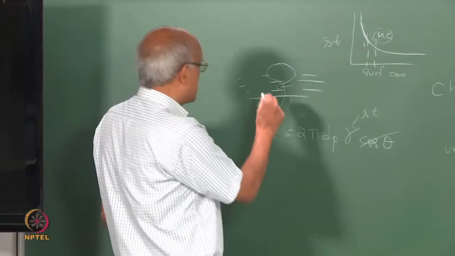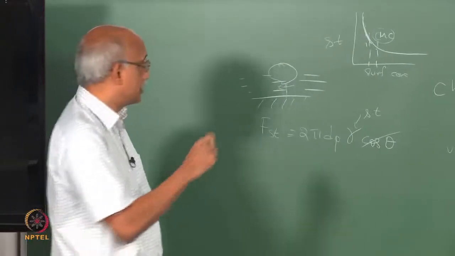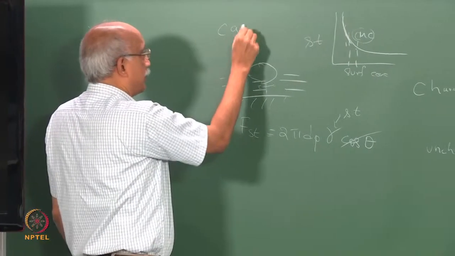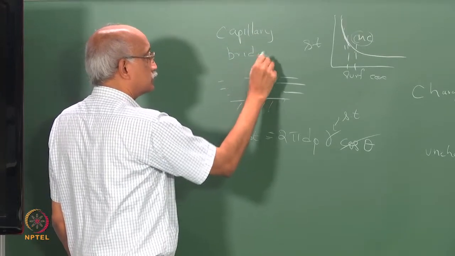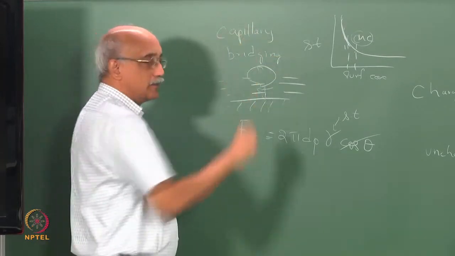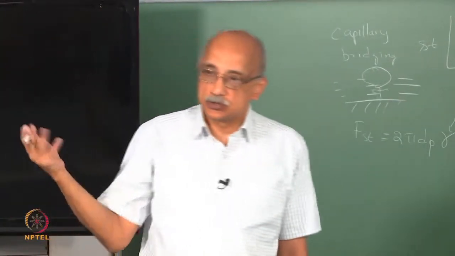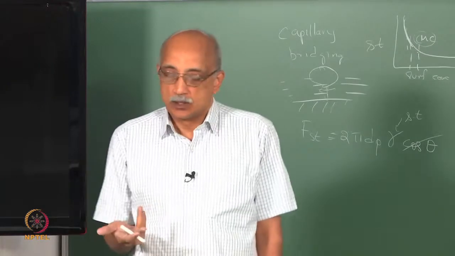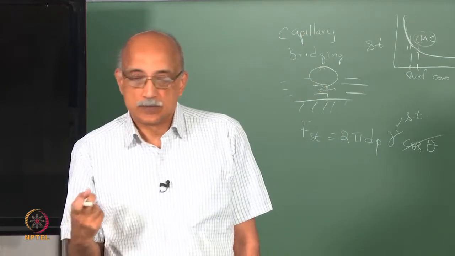So, when the liquid gets in between the particle and the surface and it causes adhesion to happen, the phenomenon is called capillary bridging. Because basically a liquid bridge happens between the particle and the surface due to capillary action, and that can be a fairly strong force of adhesion.